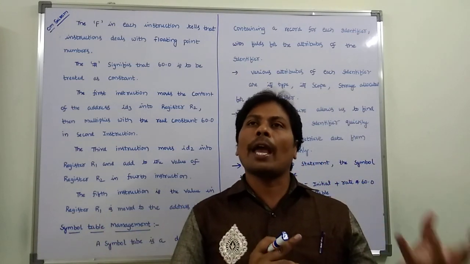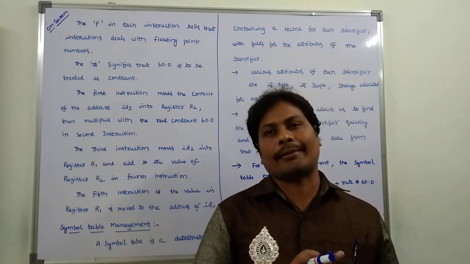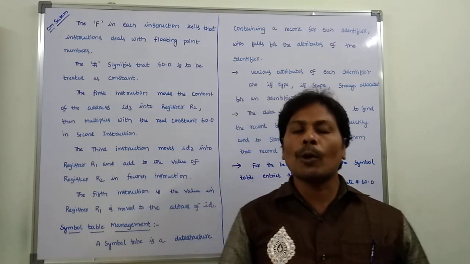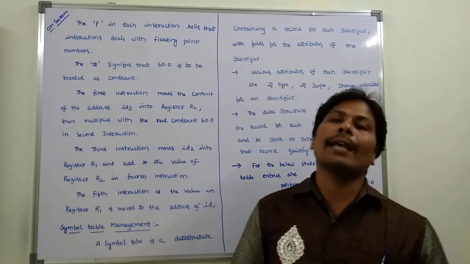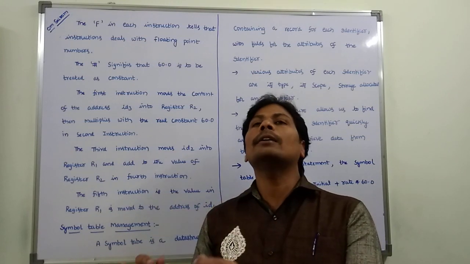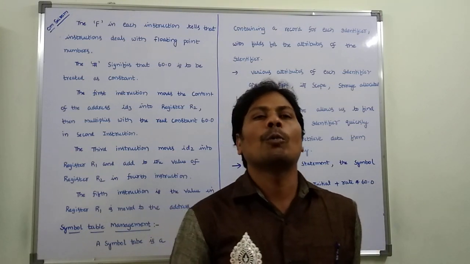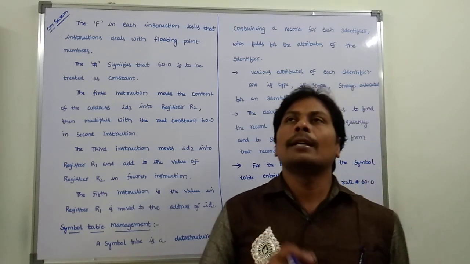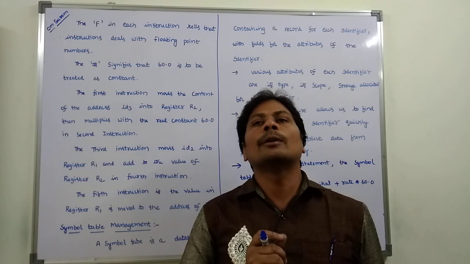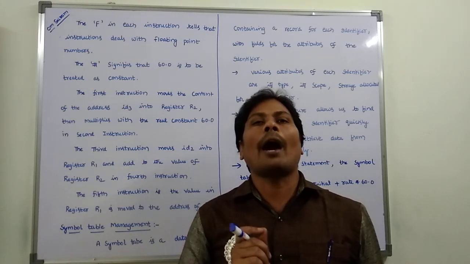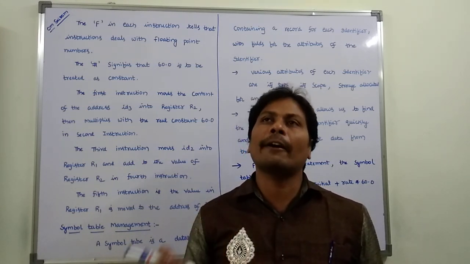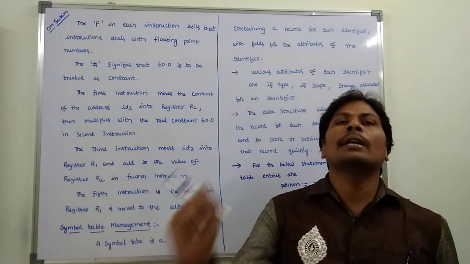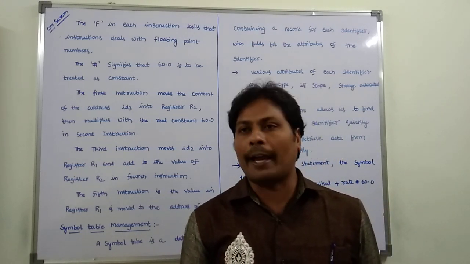For that purpose, we have to use this data structure. And also we have to store the identifiers and their attributes in that record. For that purpose also we have to use this data structure. So that means the data structure allows us to find or identify any identifier and to store or retrieve the attributes of each and every identifier.